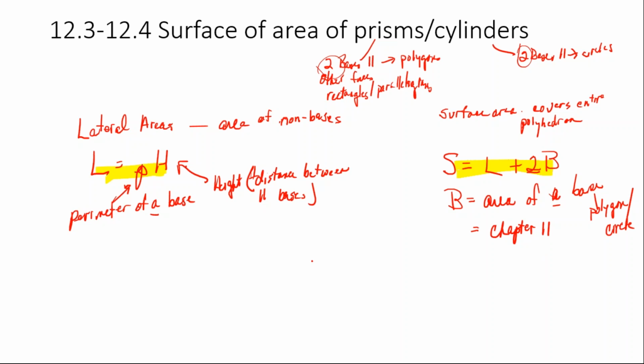If I want to get specific, the cylinder and the prism is generally the same, but if I want to go specific and have another set of formulas to memorize, but you don't have to memorize if you know this one. The lateral is the perimeter, for a circle the circumference, times the height. Circumference is 2 pi r times the height.